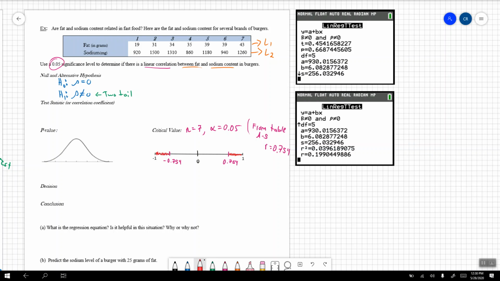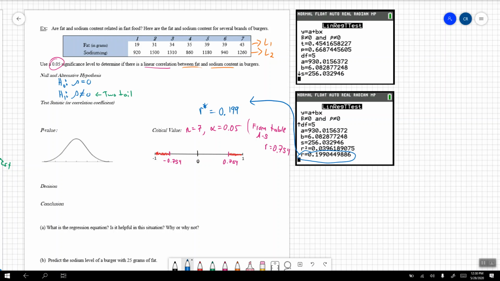So now I need to see my test statistic. What we're looking for is going to be my R value here. I'm going to call this R star, and that one is this one down here that is given to me. So I'm going to bring this up here, and that one is 0.199.